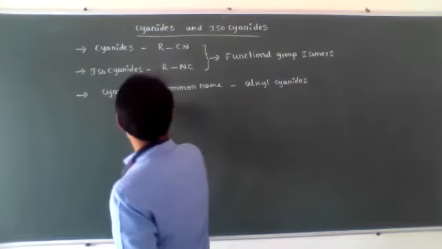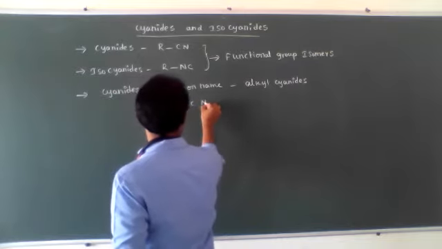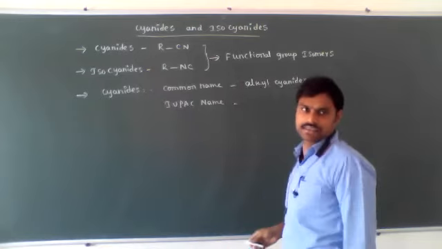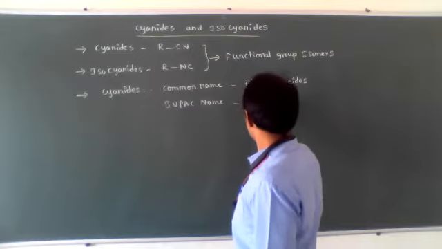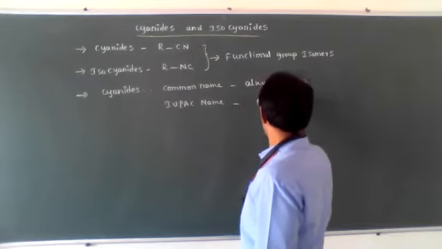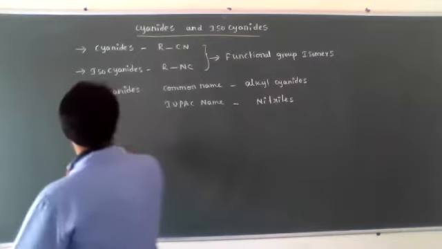And IUPAC name is nitriles. IUPAC nomenclature is the nitriles. Isocyanides.